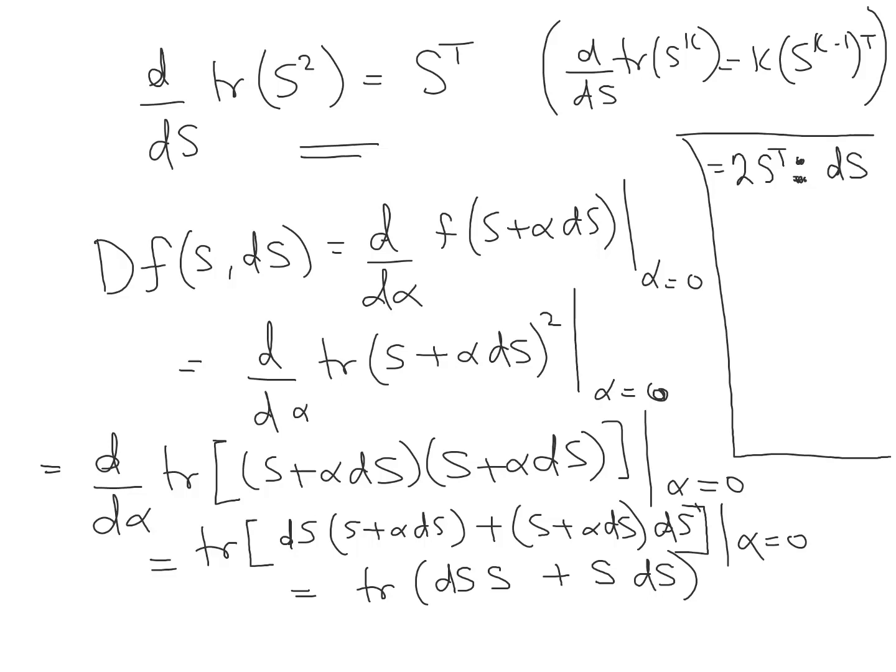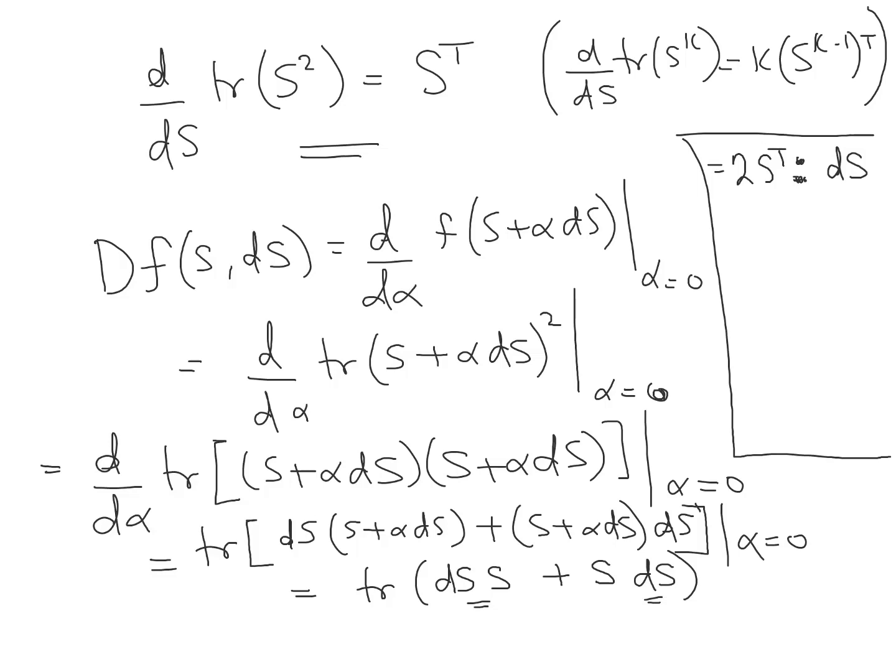So if you look at how we write our trace when we have 2 tensors, there's a proof that says for each of these terms here, you have S transpose dot ds plus S transpose dot ds. So it gives you 2 of it.